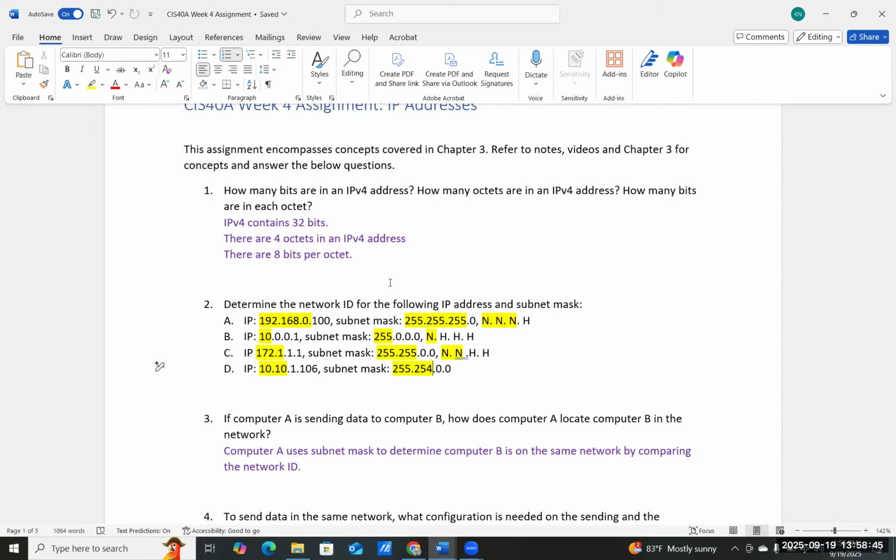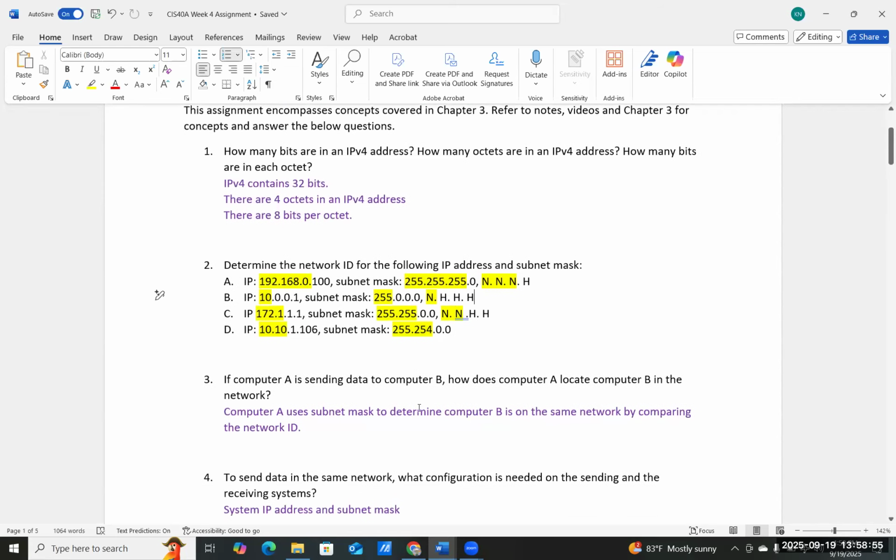Okay. So we talked about network ID and host ID. And when we do subnetting, we're going to come back to this. And then for the third question, it says, if computer A is sending data to computer B, how does computer A locate computer B in the network? And we're only looking at inside the network.